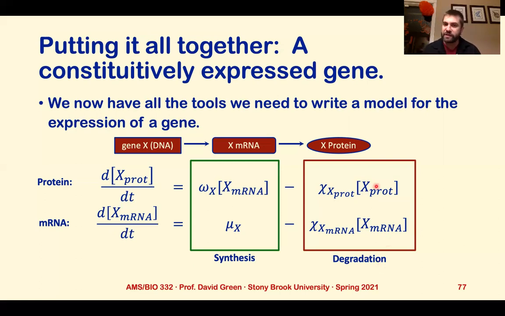Degradation is unimolecular in the same species. For synthesis, we have protein synthesis. Our simple model is the translation rate proportional to the amount of mRNA. And so we have mRNA in this term here.